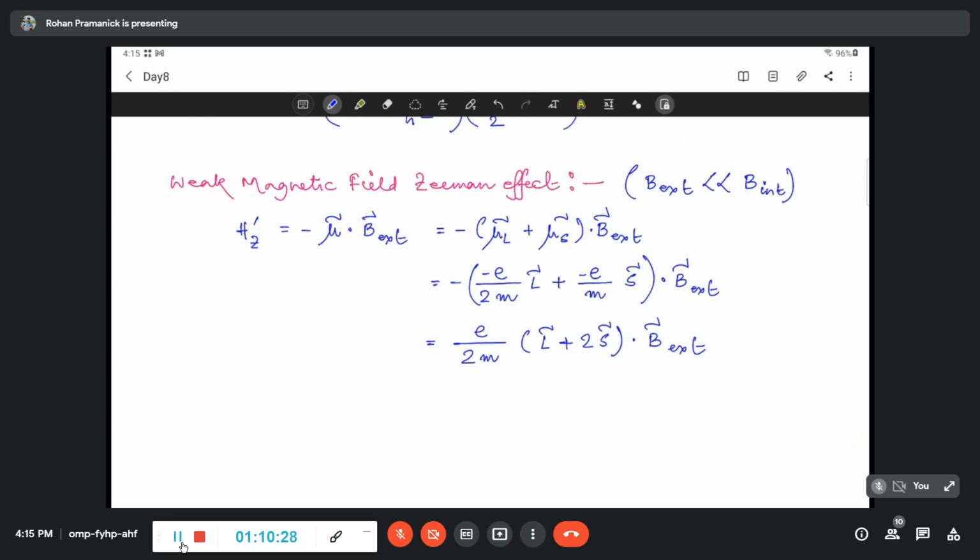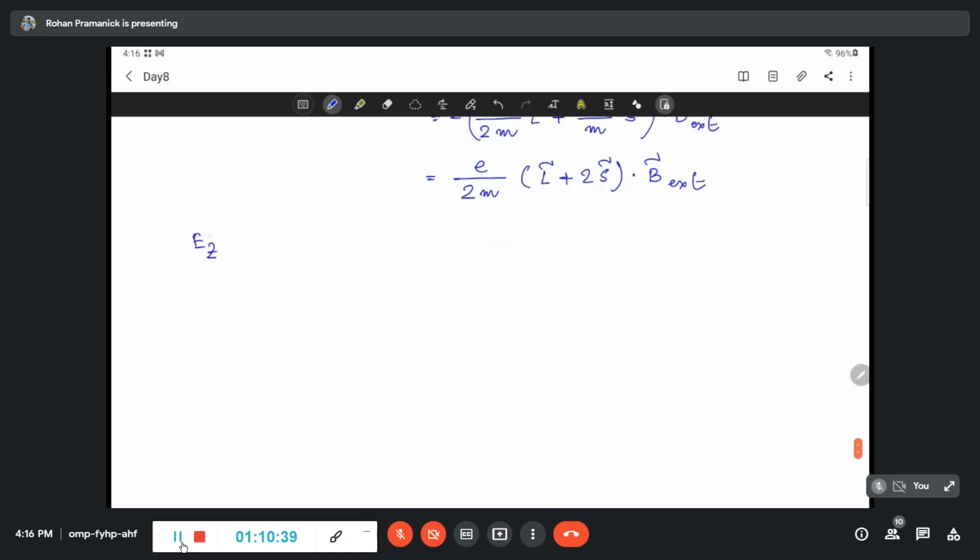So what you do is calculate the first order energy correction, E_Z^1.